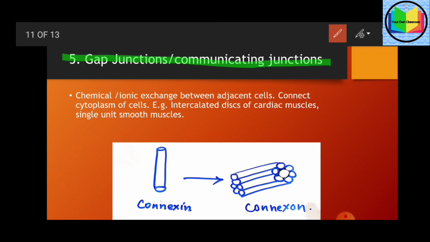Now we will look at the last and the most important junction, and this is the gap junction or communicating junction. Communicating junction helps in the exchange of chemicals and ions between adjacent cells, and these junctions connect the cytoplasm of the cells. Let's see how they are formed. As you can see, there is a cylindrical protein called connexin. Six connexin proteins come together to form this kind of structure with a hole in between, and this is referred to as a connexon.